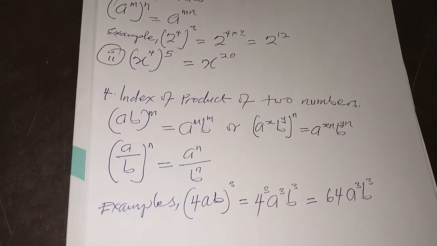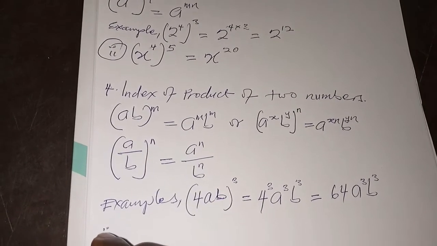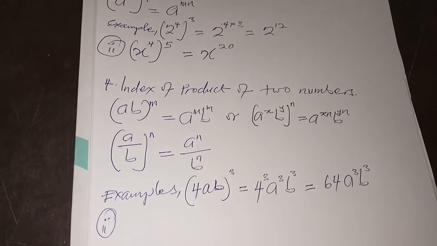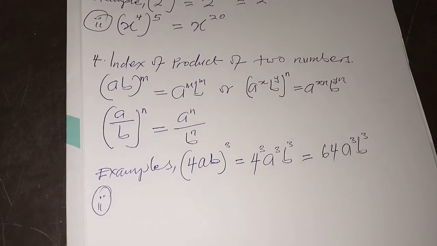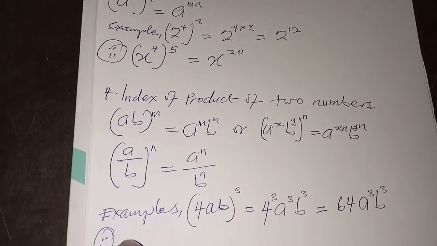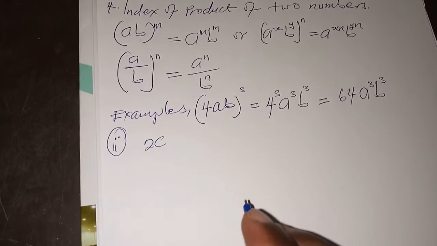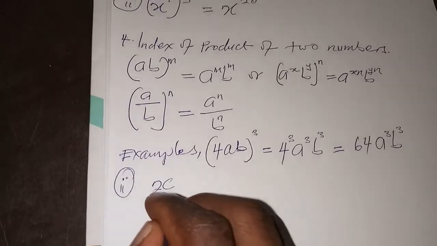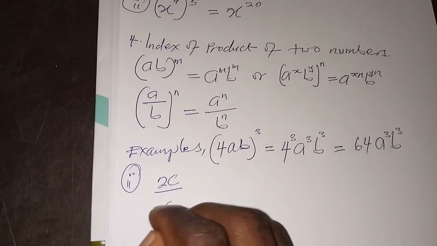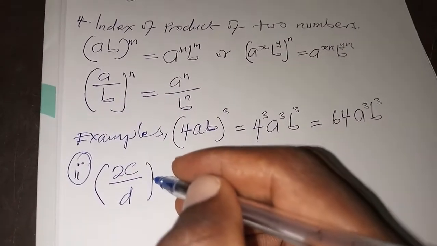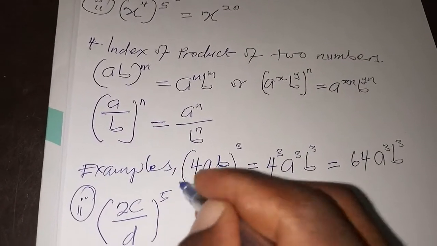Let's take a second example before we move on to the next law. The second example is (2c over d) to the exponent 5.